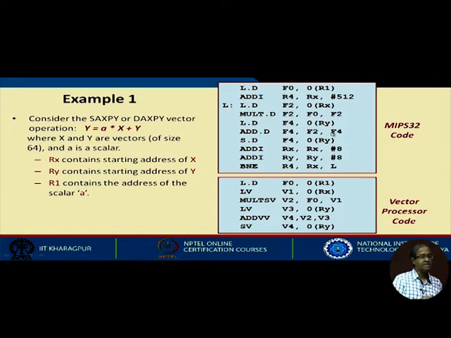Similarly, this add generates R4 which is stored here, there is a dependency. Like this there will be several, like here this F2 is loaded, next instruction you are using F2, there are a lot of dependencies. But here within the vector instructions there are no dependencies, but across there can be, like here you are loading V1, next instruction V1 is used, like that.